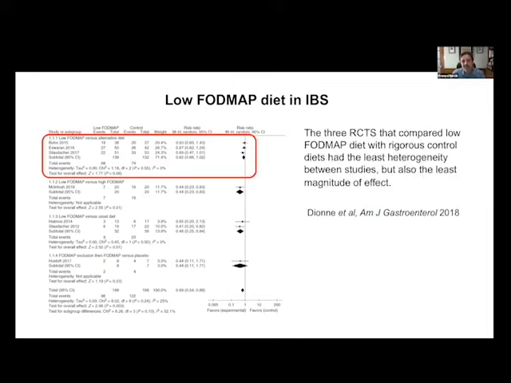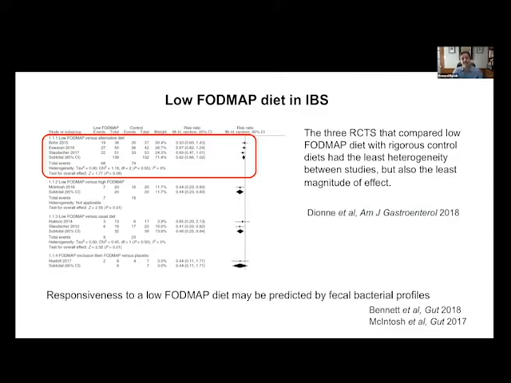If you look at these three studies, now highlighted in red, these are the studies with the most rigorous design, and they were also the least heterogeneous. However, the magnitude of the effect of reducing FODMAP was the least in these studies.